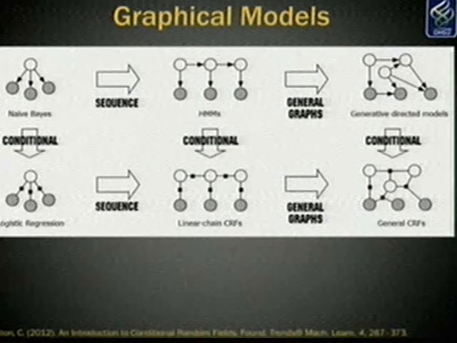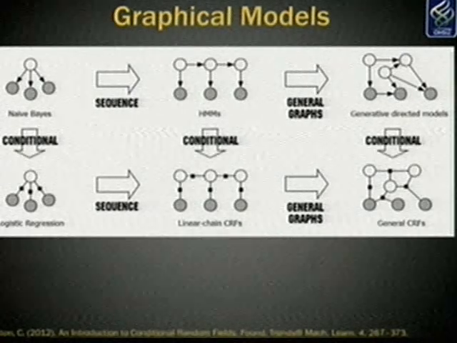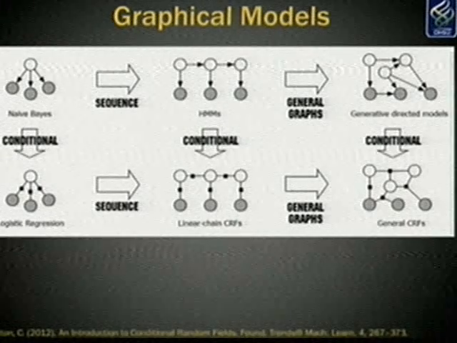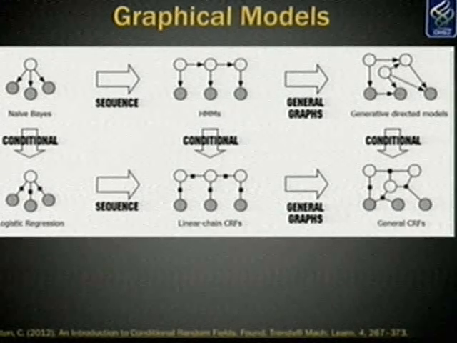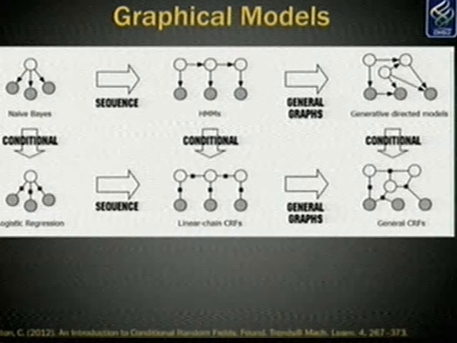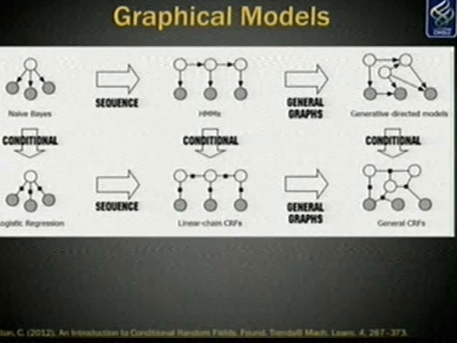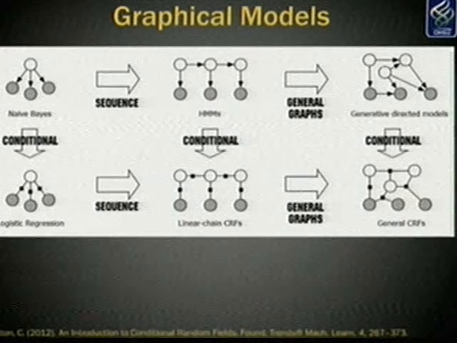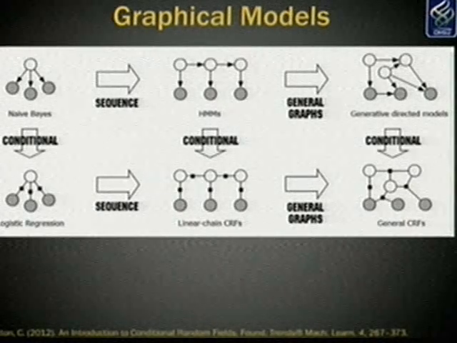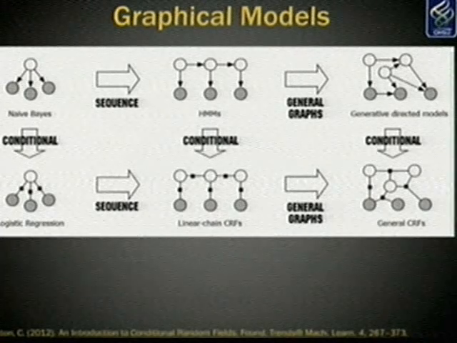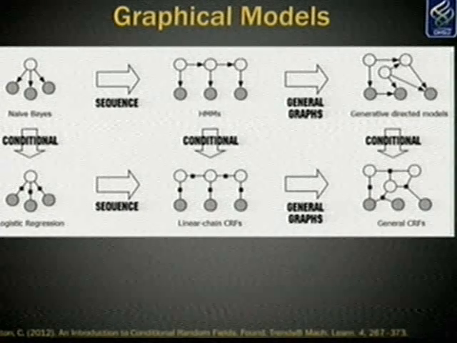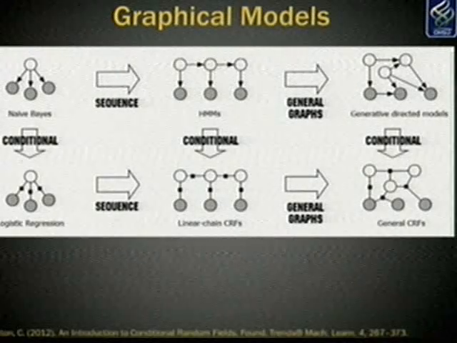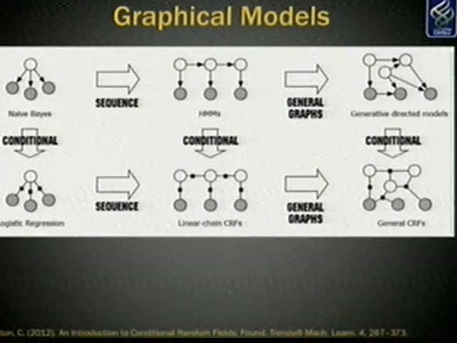So with naive Bayes, we have a bunch of knowns and one unknown that we're trying to predict. Same with logistic regression. But in the top row here, we have this directional where we believe at least that one node directly causes the other node to have a certain value. In the bottom row, we don't have that directionality. We just believe in some dependency between the values of each of the nodes.